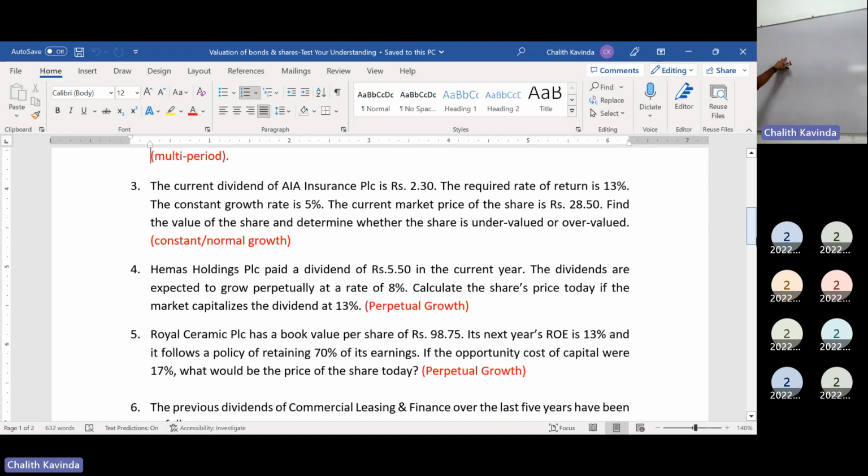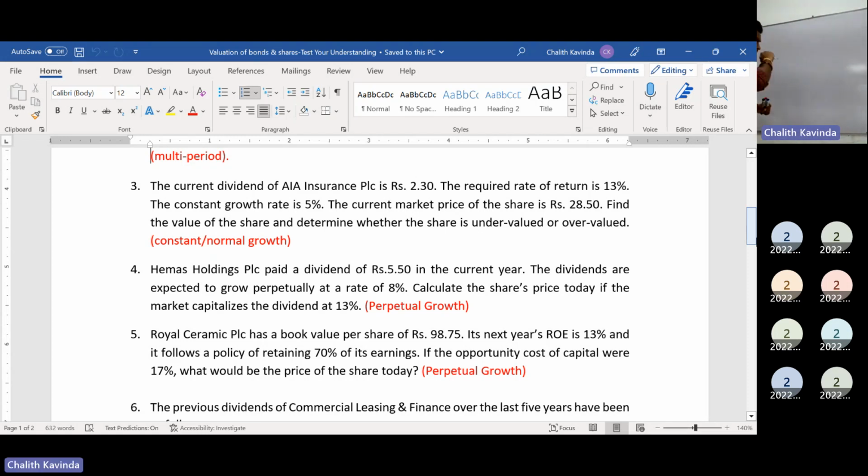So you have determined the formula. Does the growth rate link with the number of years? That's the question that you have asked. Yes or no? No. Then what is the formula?